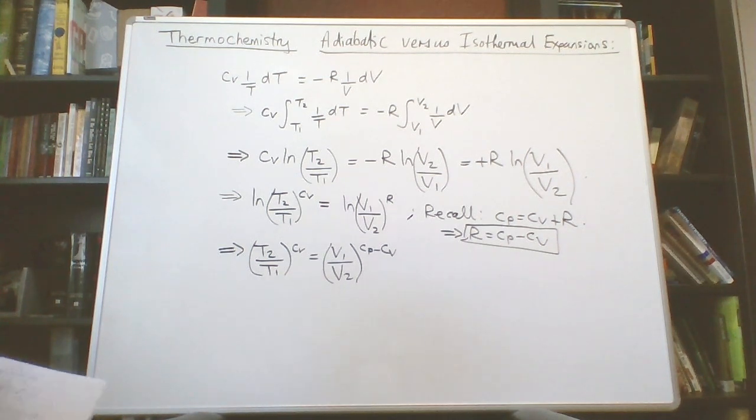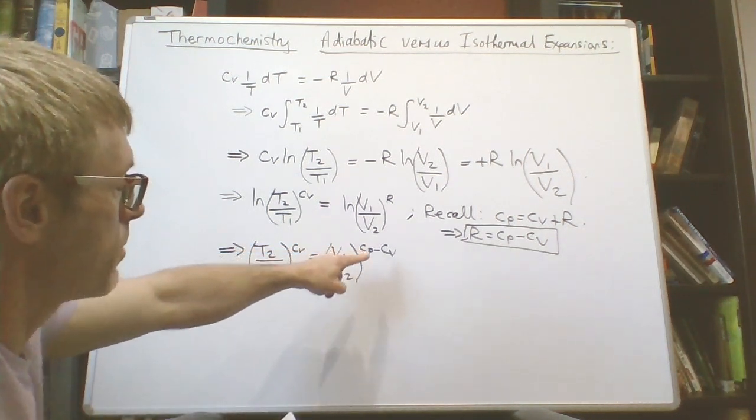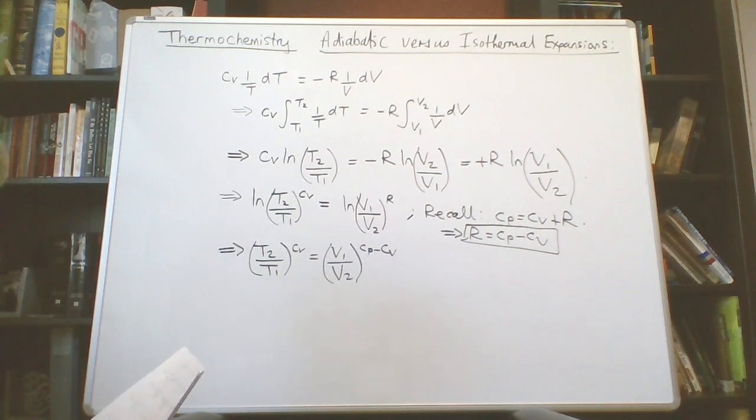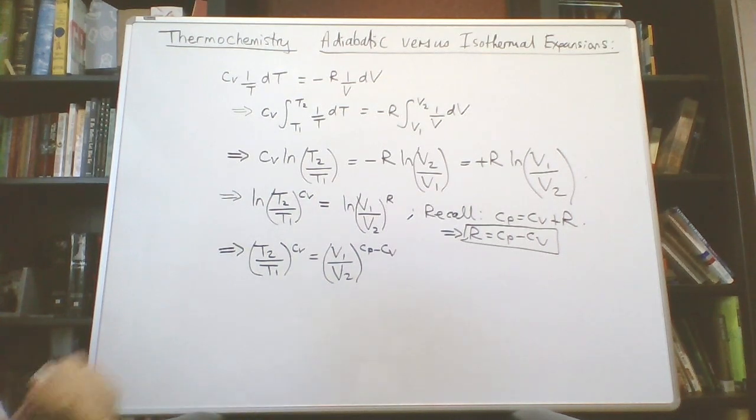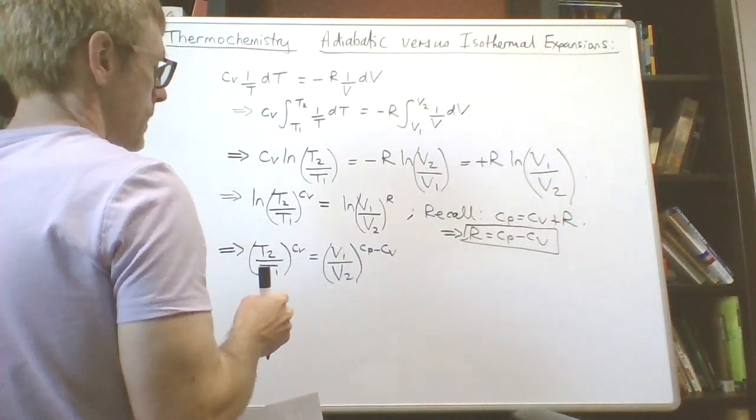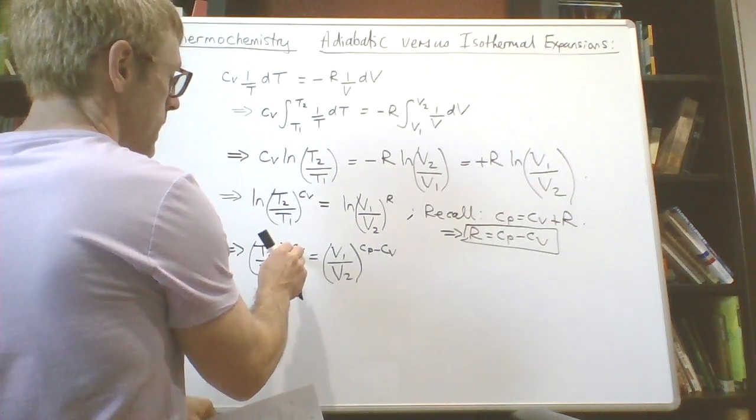Okay. If I want to get all the exponents on the same side, then I can divide both sides by Cv, or I can take the Cvth root of both sides, I guess.